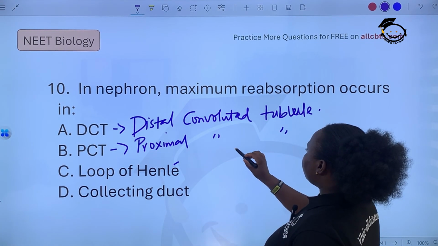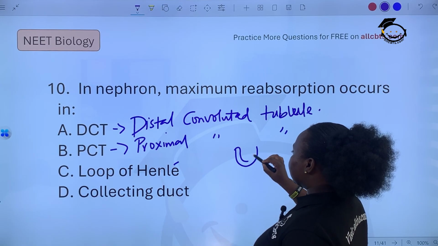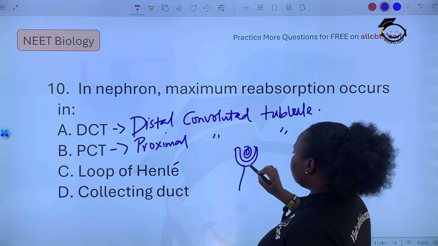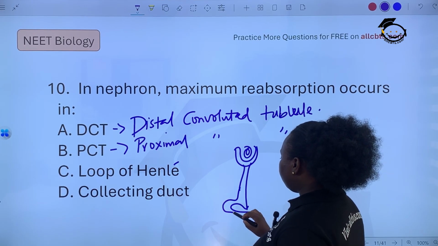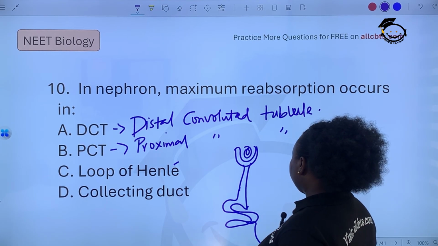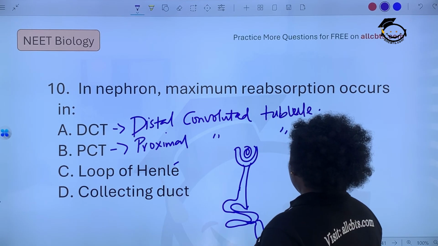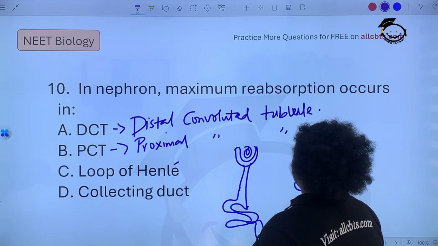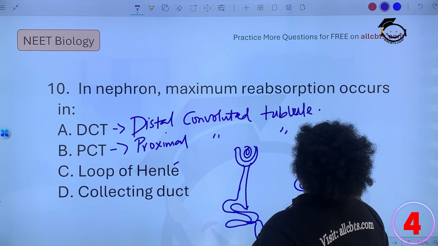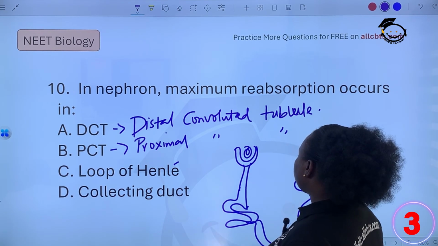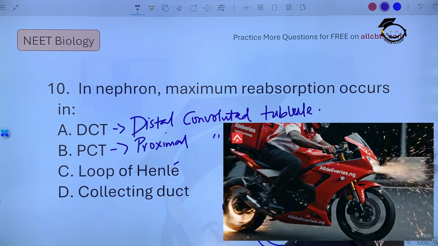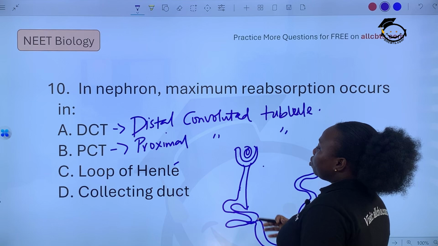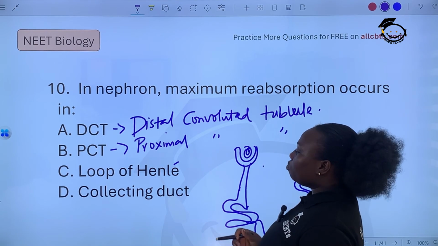Now, if you want to draw your nephron, it will look like something like this. Then they will tell you that this is the Bowman's capsule. Now the Bowman's capsule is going to collect filtrates from the glomerulus.